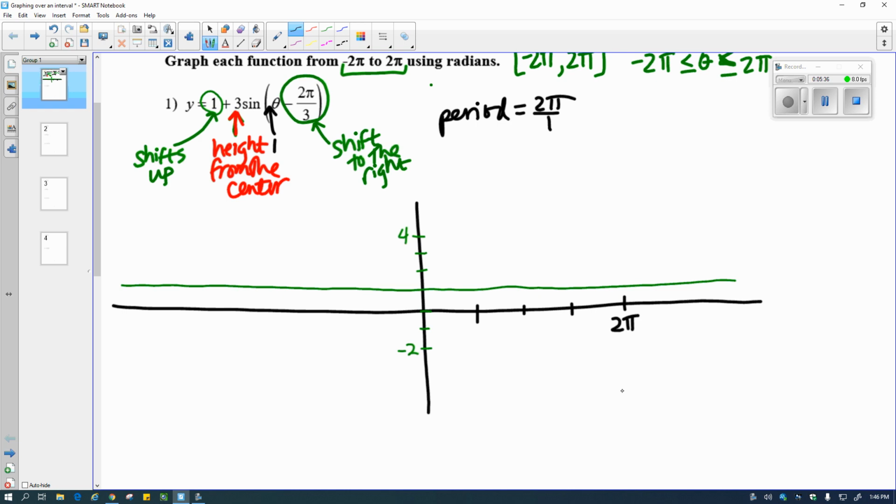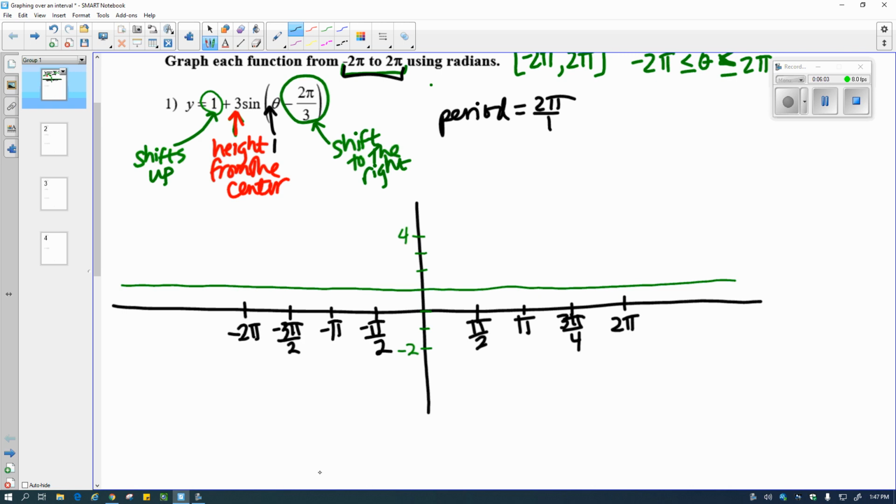So I can just put in my normal numbering and my normal tick marks that I've used since we started graphing, 4 of them based on the quadrants. But I'm also going to go into the negative end because I need to, again, graph from -2 pi to 2 pi, so that mirror reflects on the negative side.